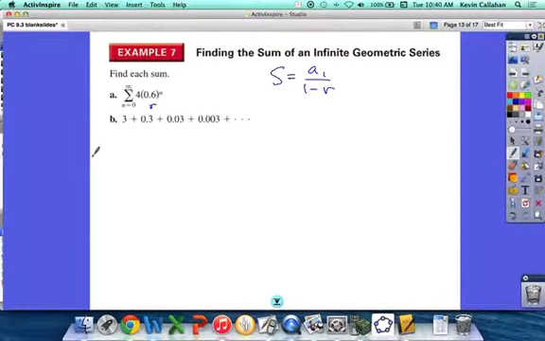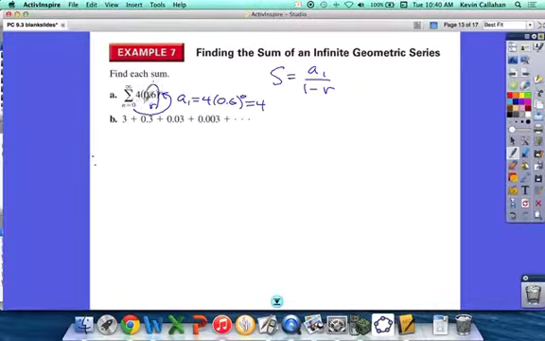And then how are you going to find the first term? You're going to plug in the lower limit. In this case, it's 0. It's not always. You've got to just look and see what it is. So when we plug that in here, that's going to tell us a1 equals 4 times 0.6 to the 0, which is 4.